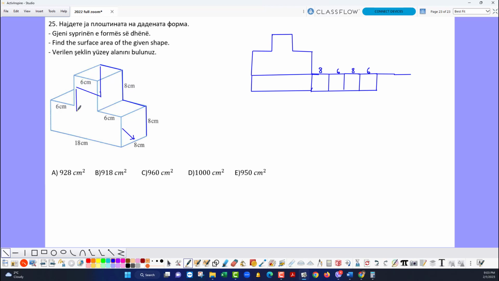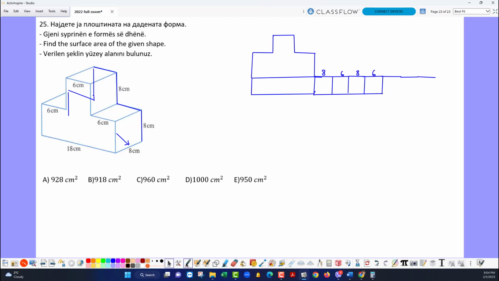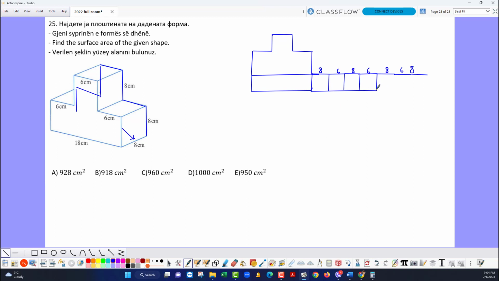Then when we come down, we are going to finish again 8 unit. It should be like this: 8, 6, and 8 again. With respect to this one, this side it should be equal to this, and the same figure on this side, it should be here, this one. I try to open the figure.